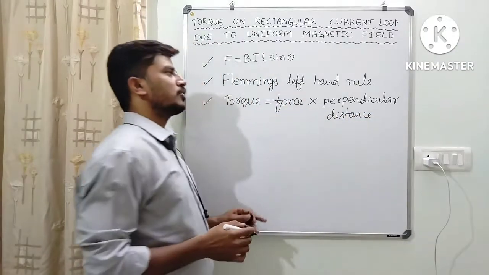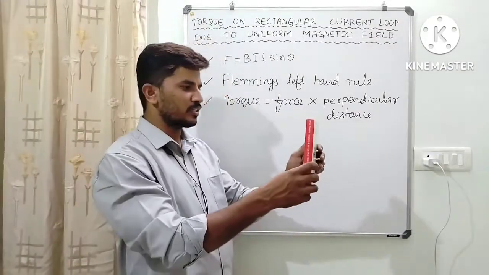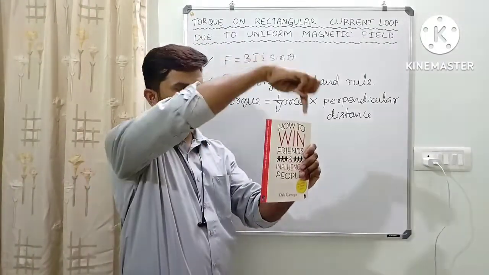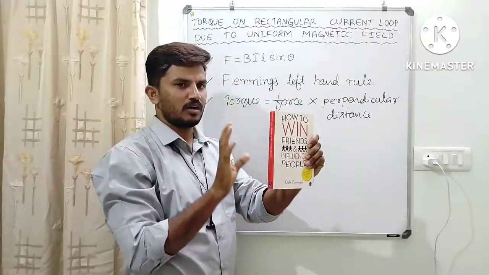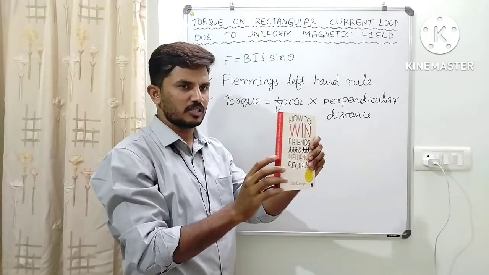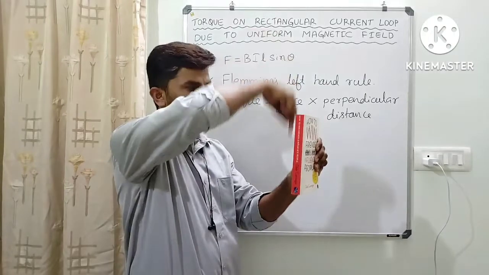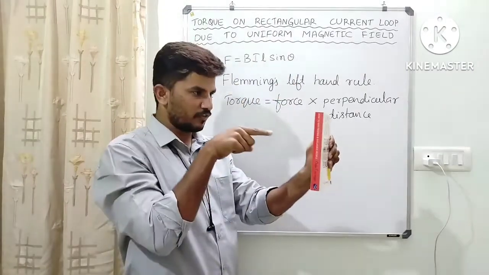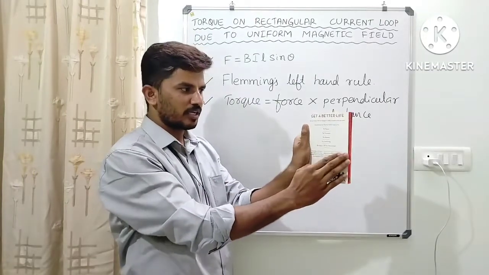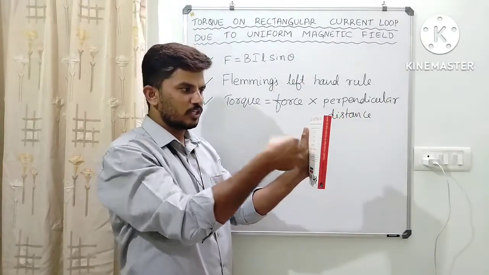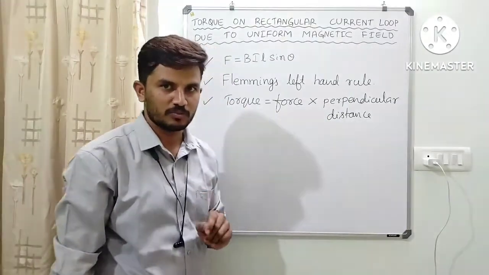If I consider this is a door, this axis is fixed. Or consider this book, an object revolving around this particular axis. If I apply force like this on this particular point of the object, then the object rotates. So force into perpendicular distance is called the torque. You must know this also.